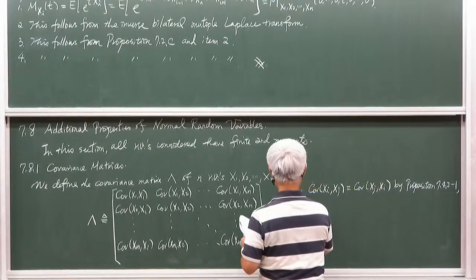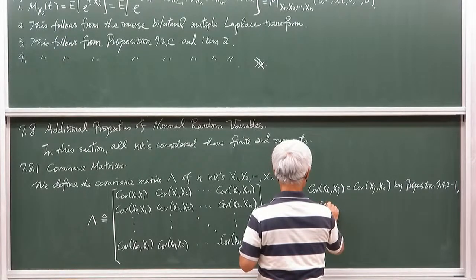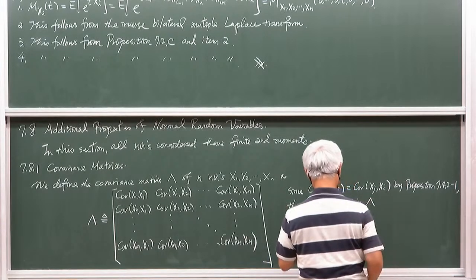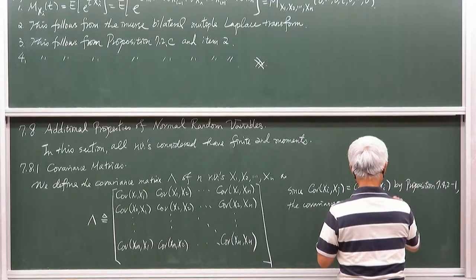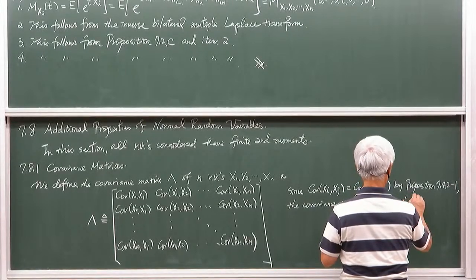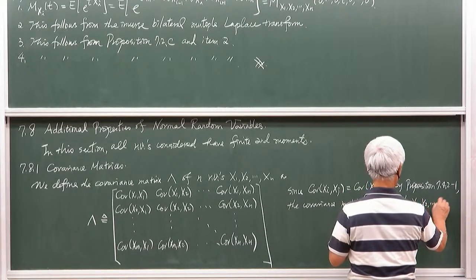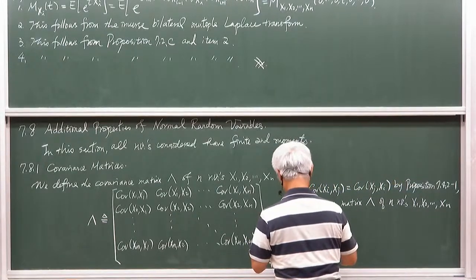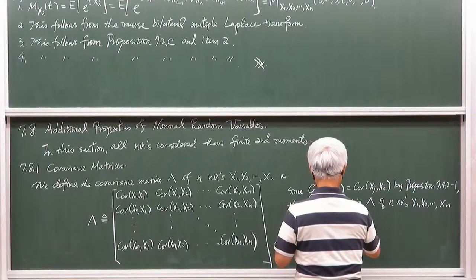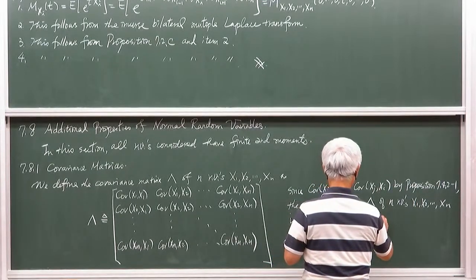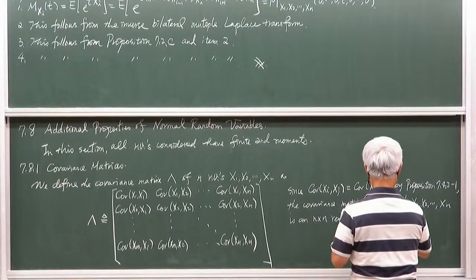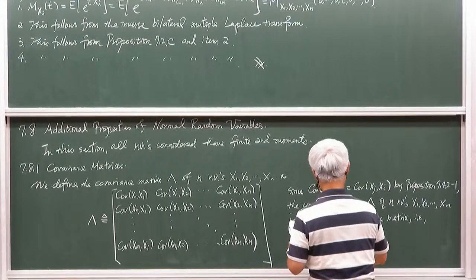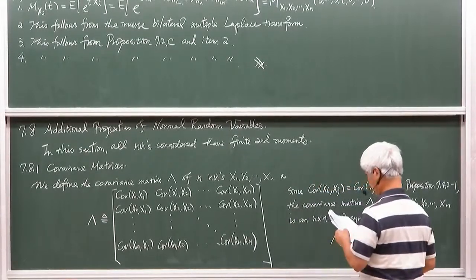So the covariance matrix lambda of n random variables x1, x2 up to xn is an n times n real symmetric matrix, i.e. the transpose of this matrix is equal to lambda.